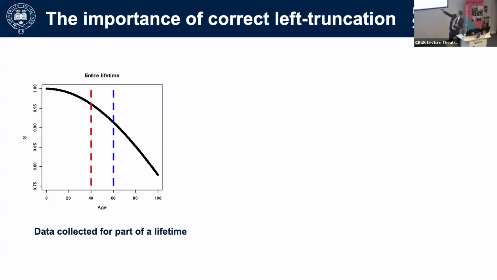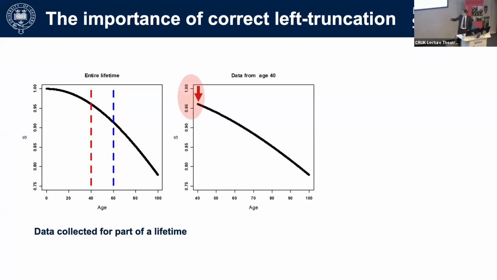But as you get older, that probability of surviving falls. Now, most data in most cohort studies is from people between a certain age range. UK Biobank, for example, recruited people between ages, say, 40 to 60. So by the time people are being recruited into the study, that survival curve has already dropped below 1.